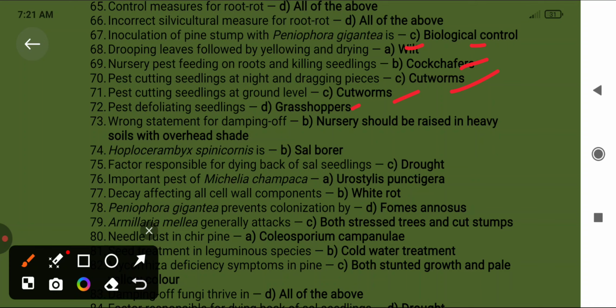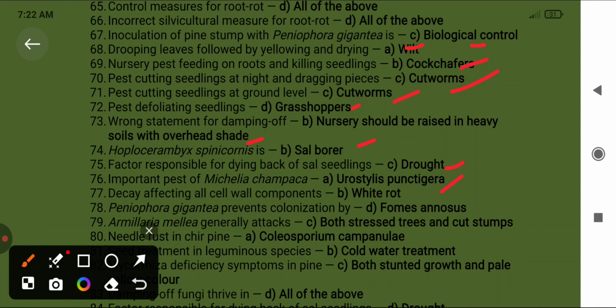Wrong statement for damping off: nursery should be raised in heavy soil with overhead shade. Hoplocerambyx spinicornis, the sal borer, is responsible for dying back of sal, and an important pest of Michelia champaca and Eucalyptus.